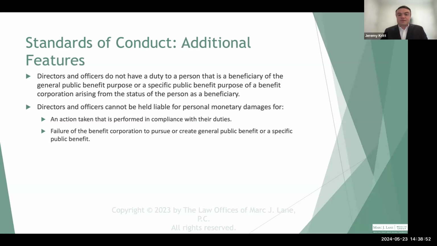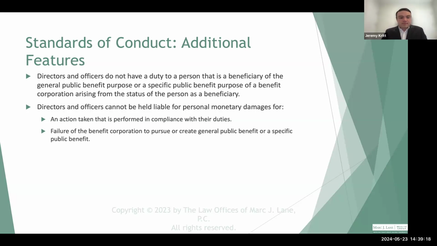Now, some additional features of the standards of conduct: directors and officers do not have a duty to a person that's simply a beneficiary of the general or specific public benefit purpose. The act expands the duties of management, but it does not expand the scope of who those duties are owed to.